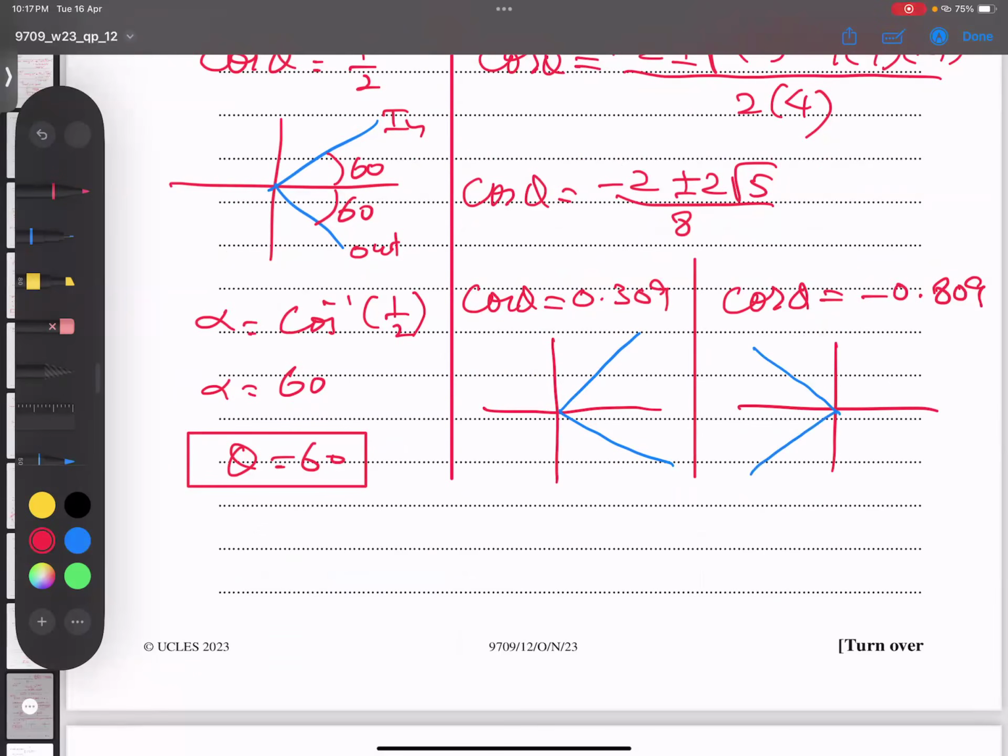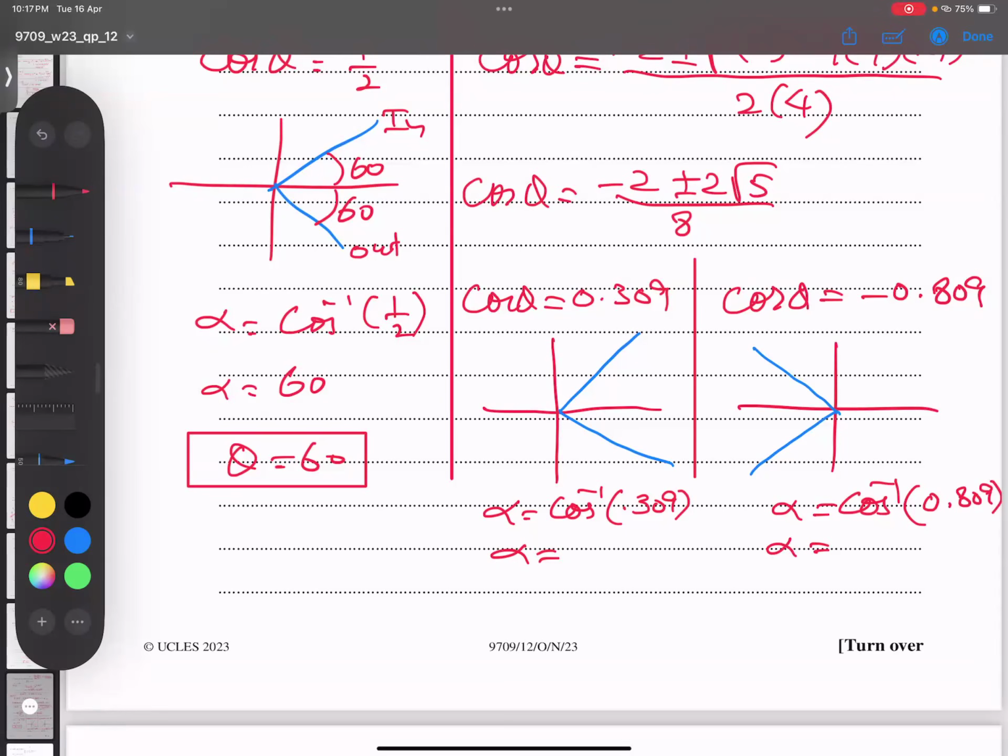So now here I will get a principal angle alpha, cos inverse 0.309. Here alpha is cos inverse, but don't type the negative sign, 0.809. Okay. All right. The principal angle, let me find both. So, wait a minute.